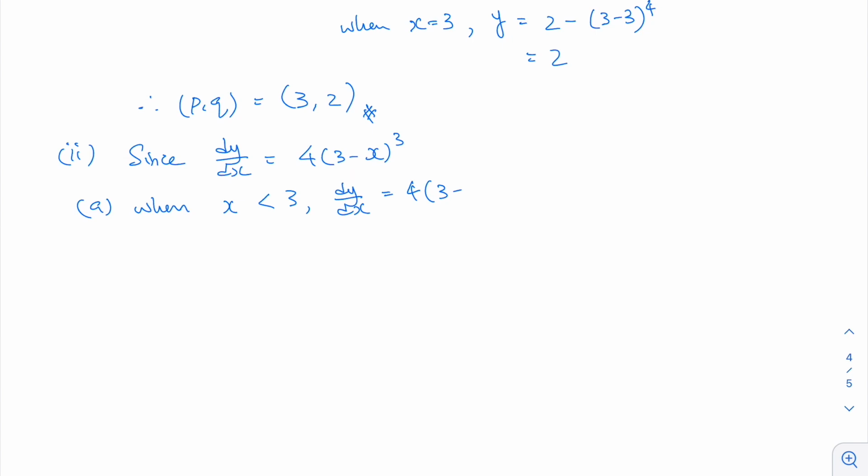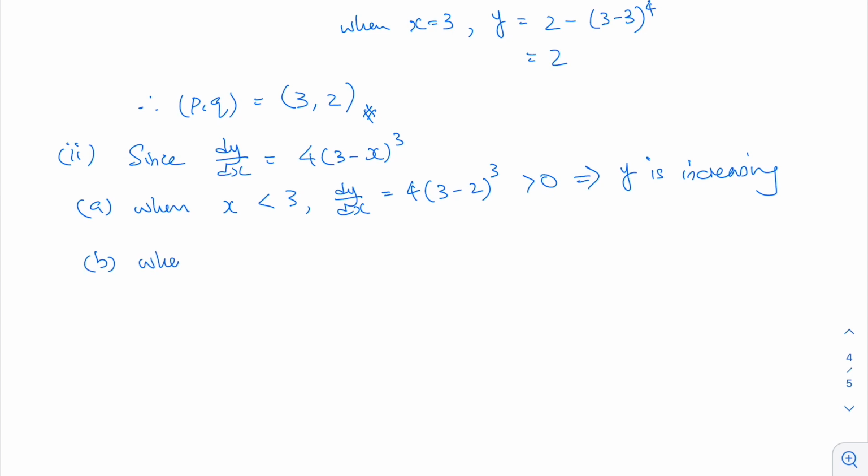So whatever it is, let's give a value 2. This will give me a value bigger than 0.